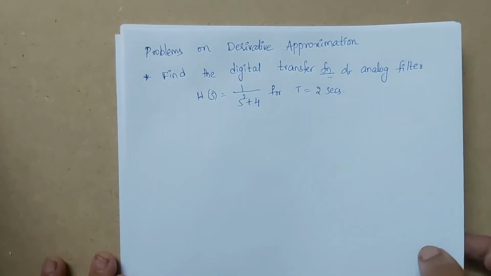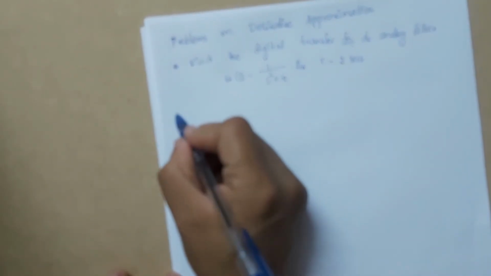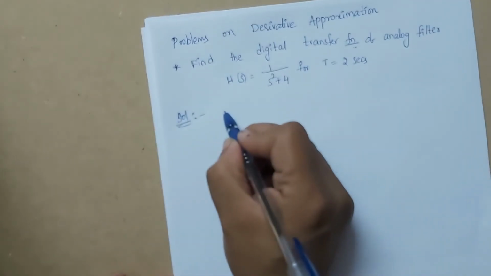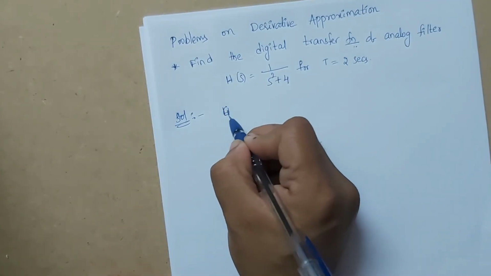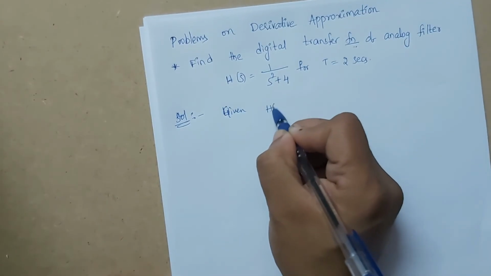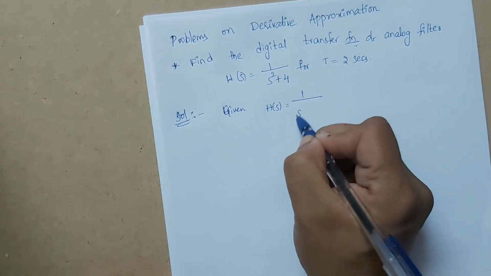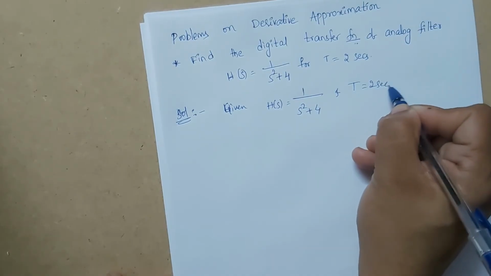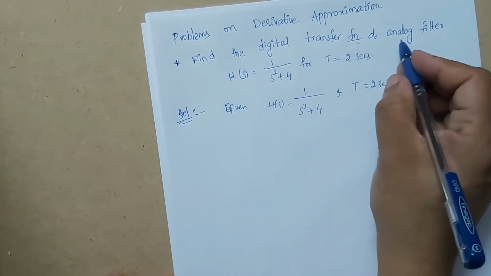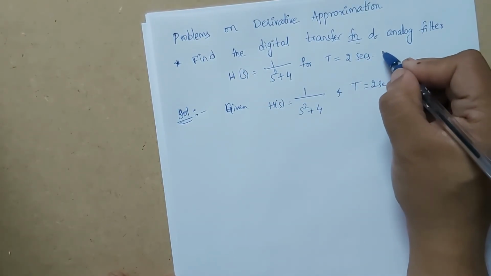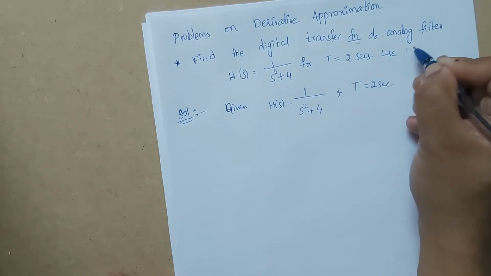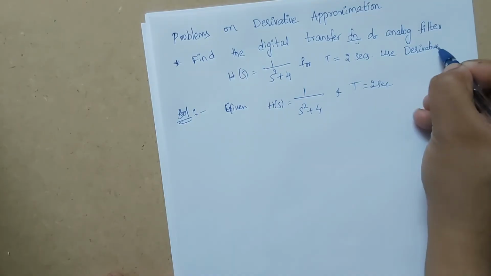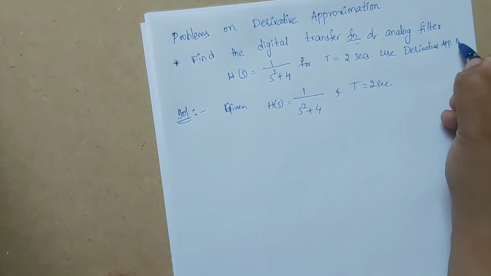So how will we solve this? We write, given H of s is equal to 1 by (s square plus 4) and time is equal to 2 seconds, and you have to find the digital transfer function of the analog filter. Here they will specify the method: use the derivative approximation method.